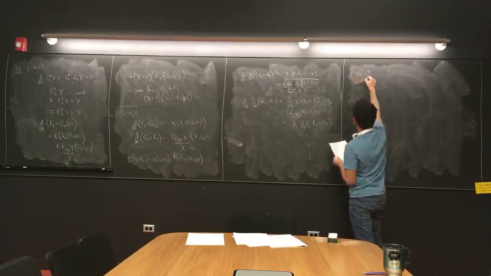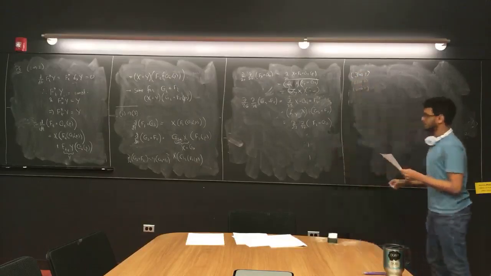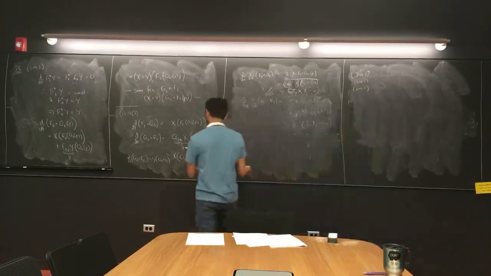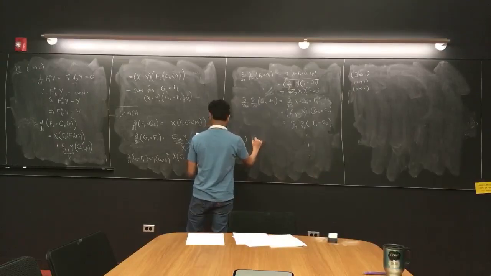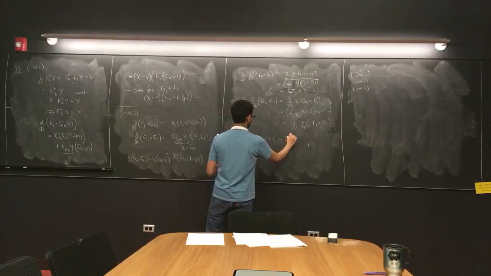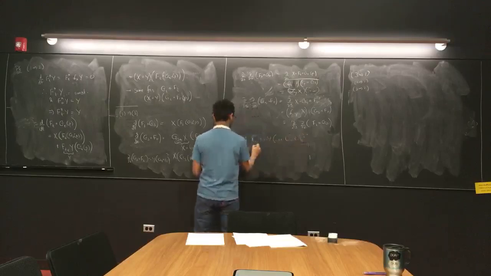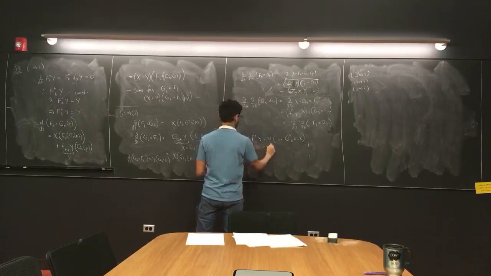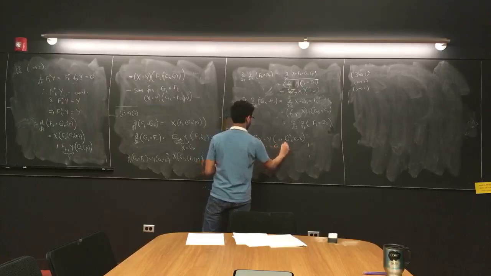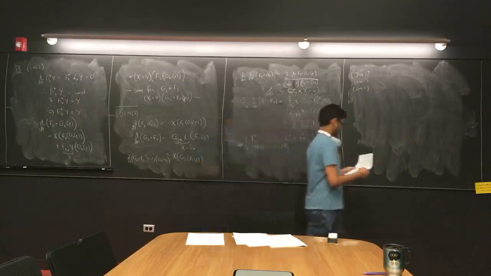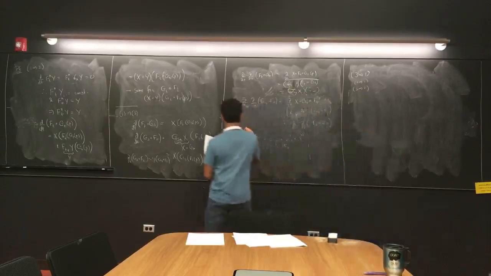We'll prove 2 implies 1, and then 3 implies 2. I should probably write down 2 and 3 again. 2 was that f star ty is equal to y, or g star sx is equal to x. And 3 was ft composed with gs is equal to gs composed with ft. Maybe even 1.